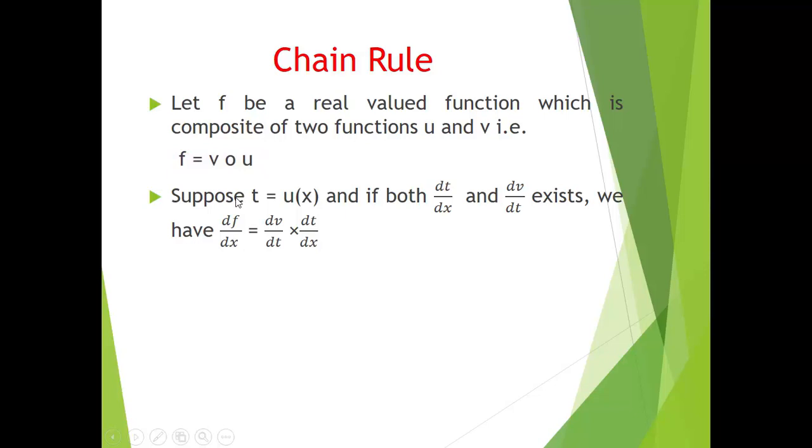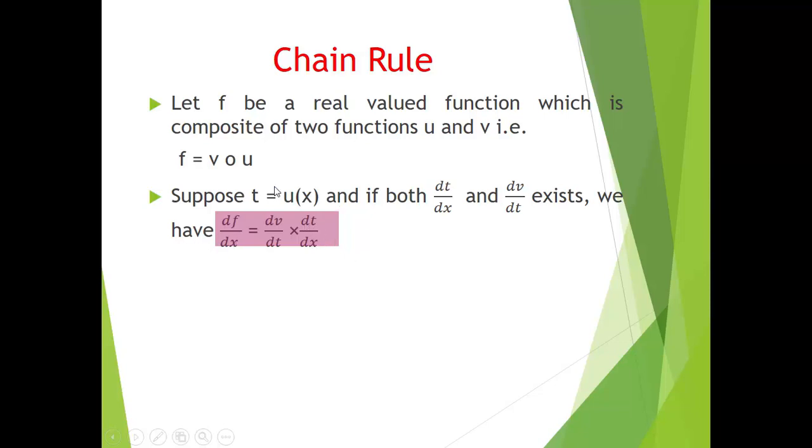Now suppose t equals u of x, meaning t is a function of x, and if both dt by dx, the derivative of t with respect to x, and the derivative of v with respect to t exist, then we can find the derivative of f with respect to x by the formula df by dx equals dv by dt into dt by dx.